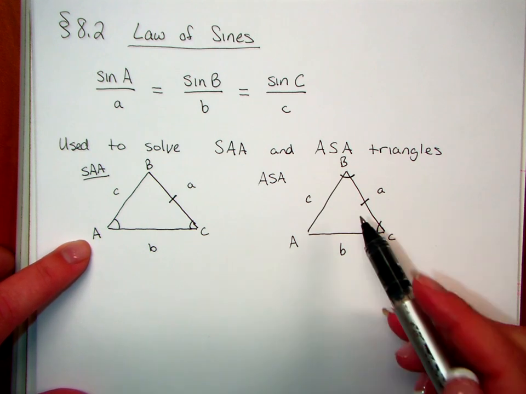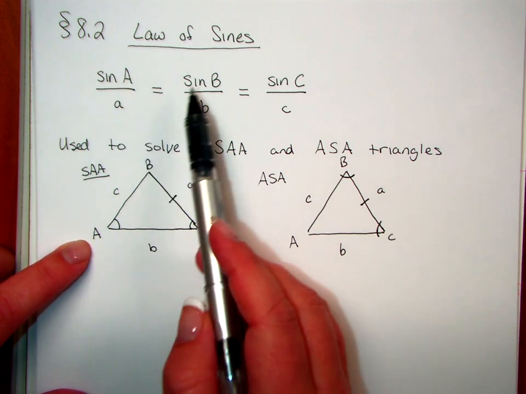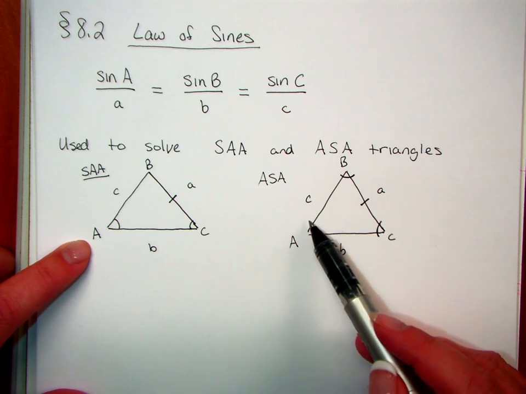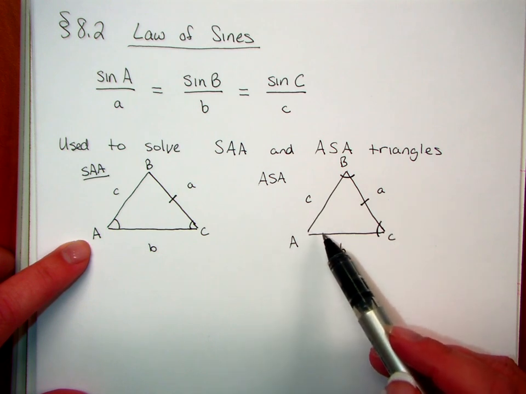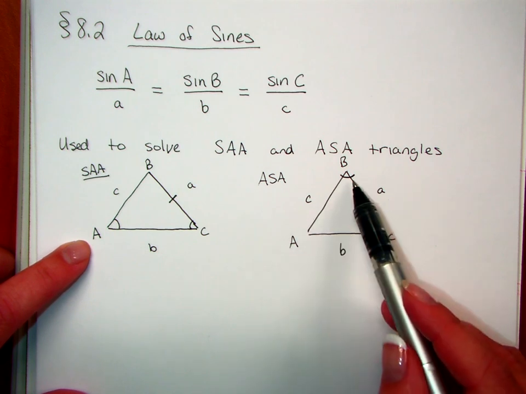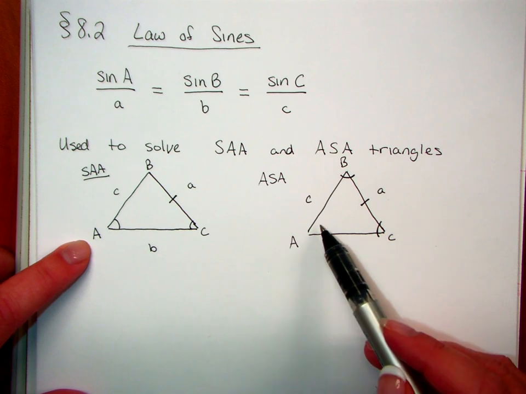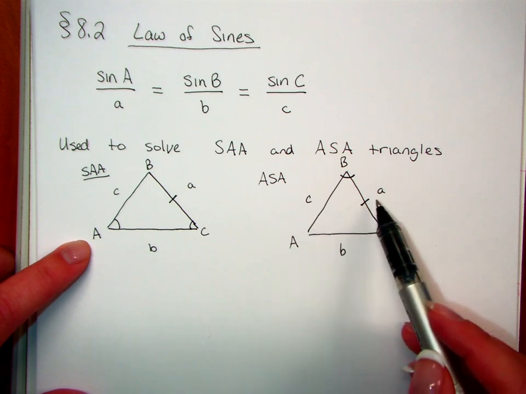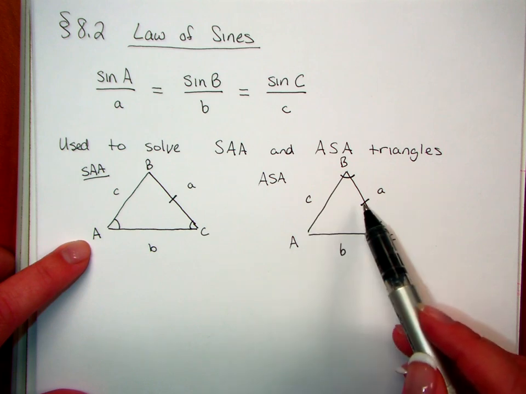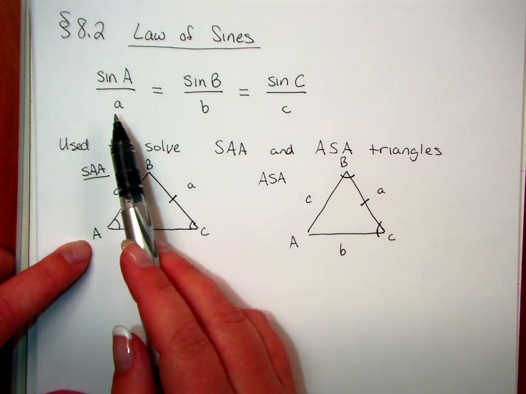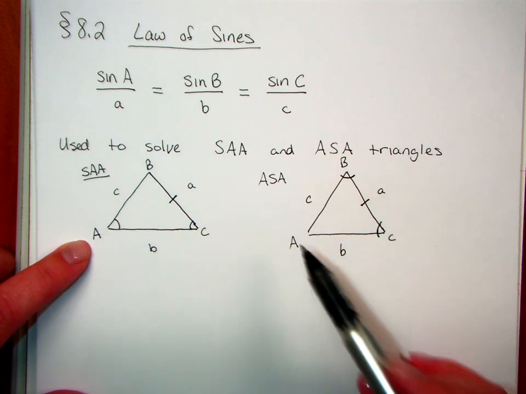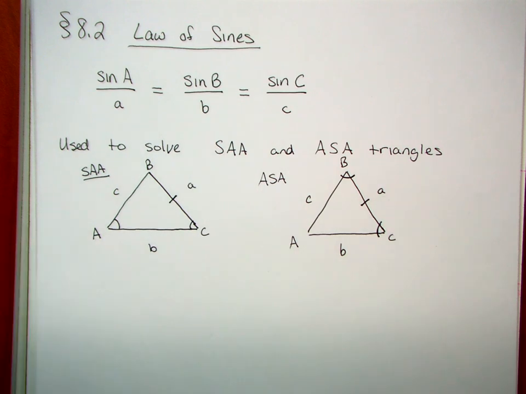We're not given one of these proportions, but we can solve for angle A very easily by subtracting from 180, because we know angle B and angle C. As soon as we have angle A, we have a proportion, sine of angle A over little a, that we can use, and then we'll solve for the other two sides using that proportion.